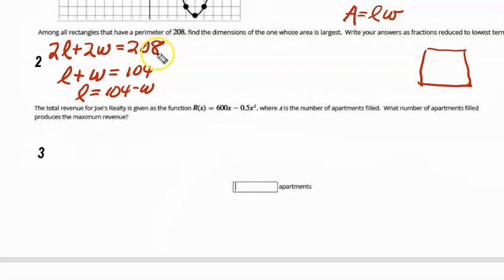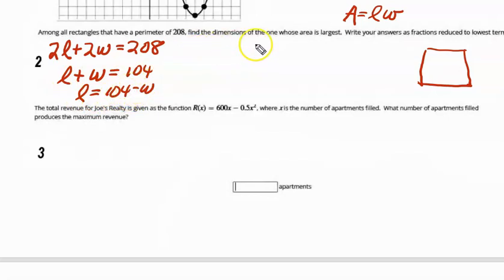And you might recall the perimeter formula is 2 lengths plus 2 widths equals the total perimeter, 208. If we divide everything by 2, it makes it a little easier. Length plus width is 104. And if we solve for one of the values, we can get this.